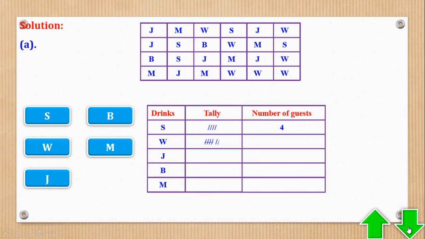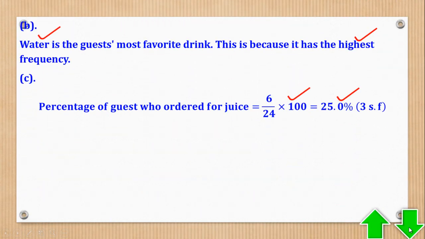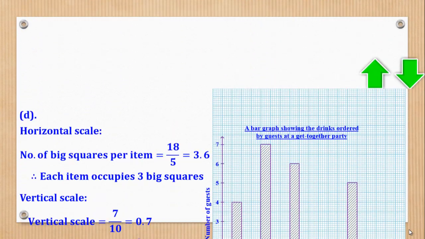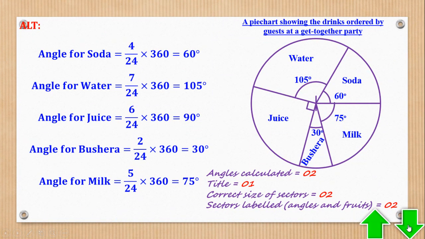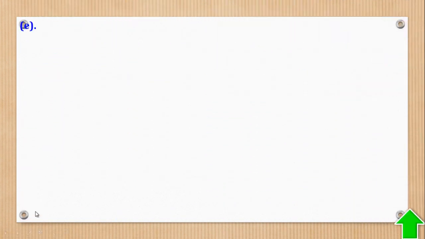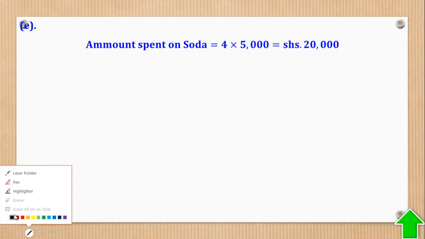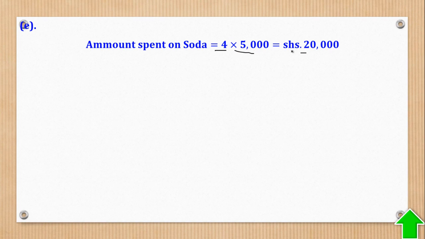These ones, to come up with the total cost. So amount spent on soda will be 4 times this to give you that.